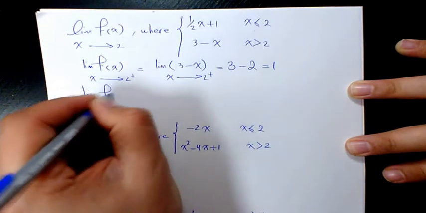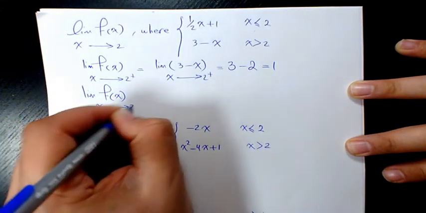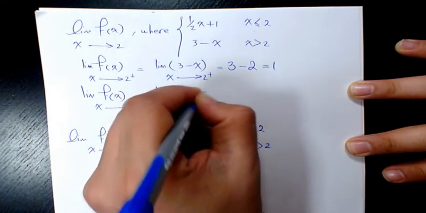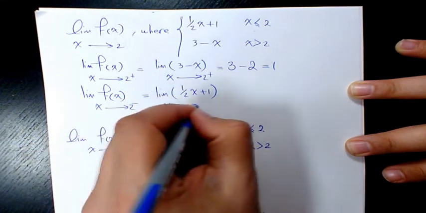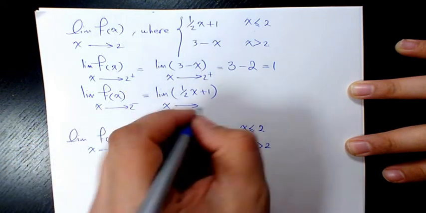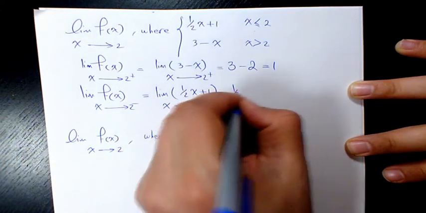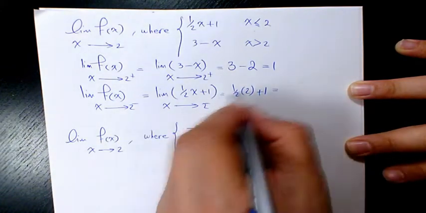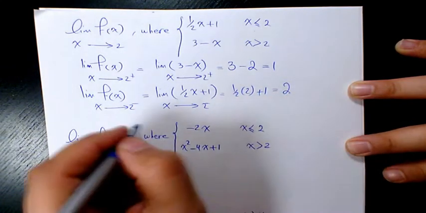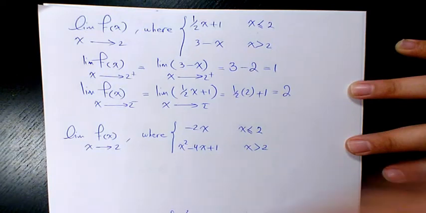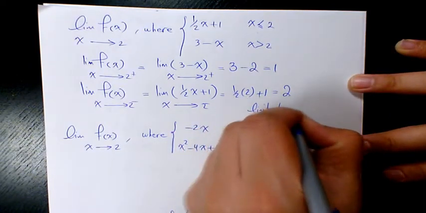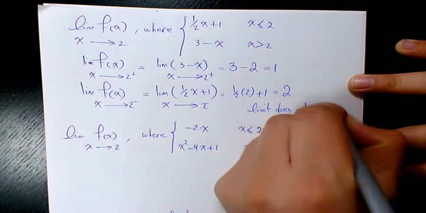Limit of f of x when x is approaching 2 minus is limit of 1 over 2x plus 1 when x is approaching 2 minus, it's going to be 1 over 2 times 2 minus 1 plus 1, which is going to be 1 plus 1, which is going to be 2. So I'm going to say that limit doesn't exist.